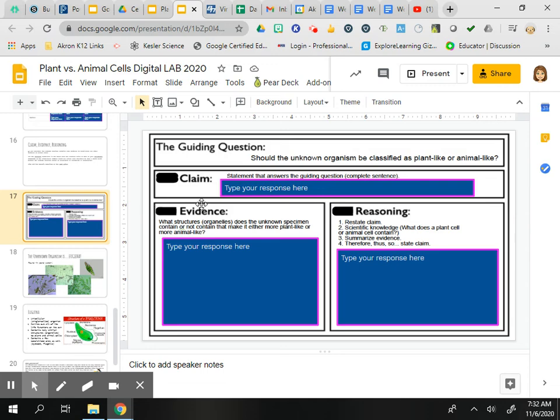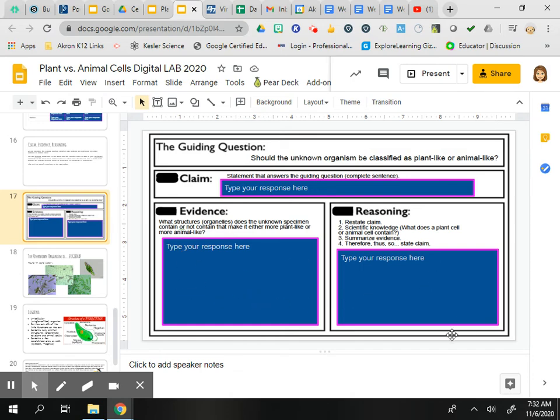Your evidence. What evidence or what structures, the organelles, does the unknown specimen contain or not contain that make it either more plant-like or more animal-like? So you're going to say the organelles that the unknown specimen contains that make it plant-like are, or that make it animal-like, and you're going to explain those, but make it a sentence, please.